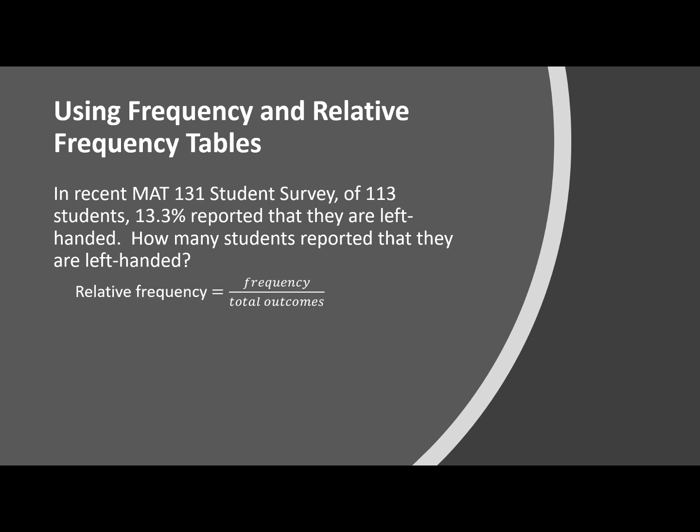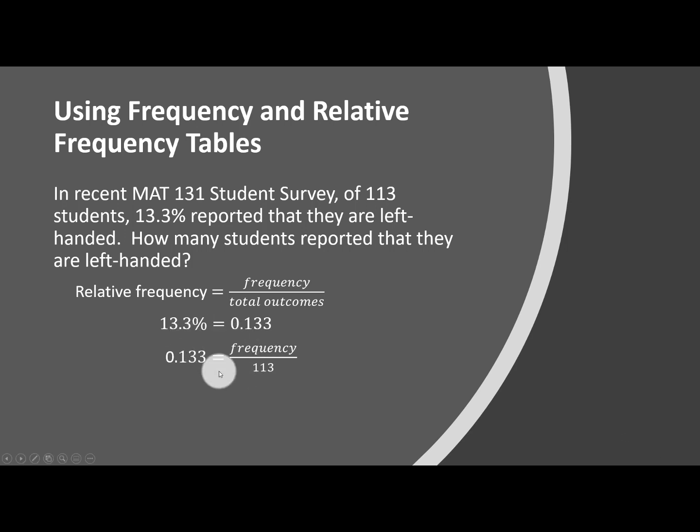So our first step is to change the percent to a decimal. So 13.3%, if we divide the percent by 100, we get 0.133, or we can simply just move the decimal place 2 places to the left and drop the percent sign. Substituting 0.133 for the relative frequency, and for the total we have 113.